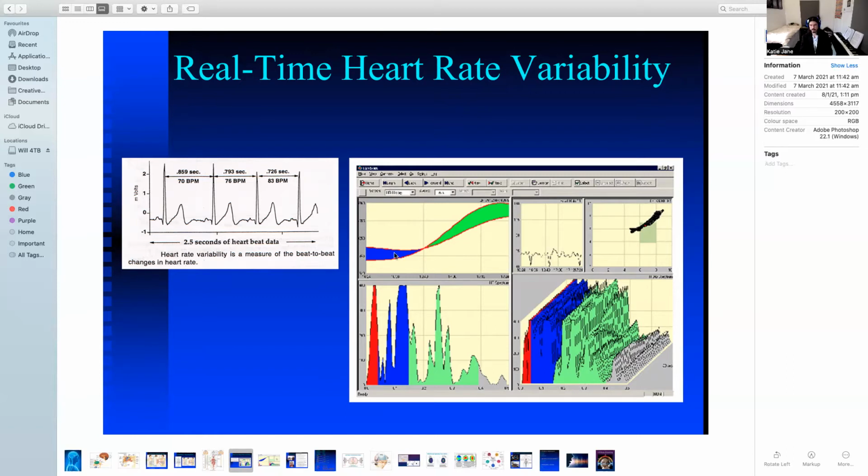So we can see here, we have our stress response in blue, sympathetic, and we have our parasympathetic, or rest response, in green.